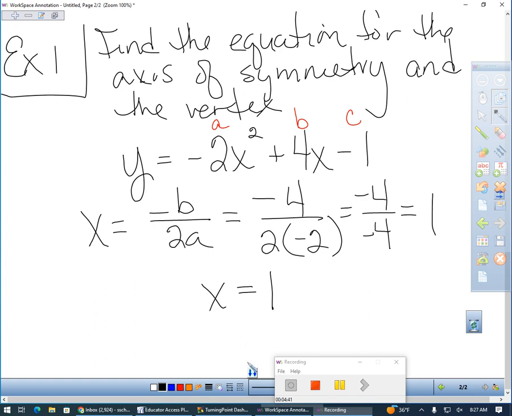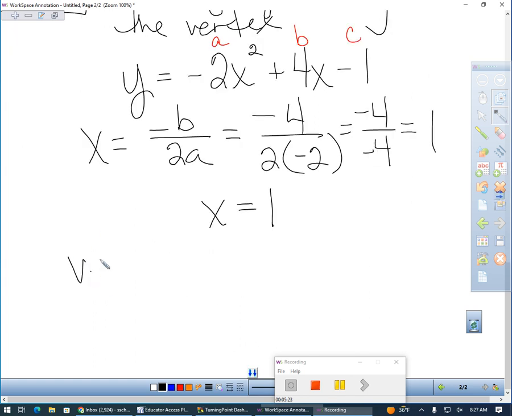All right, now, to find the vertex, the first point in your vertex is your x value, which is 1. Whatever your axis of symmetry is, that's the first point of your vertex. Now, to find the y value, we're going to plug 1 into our equation.